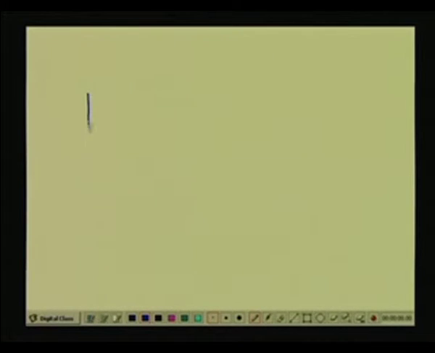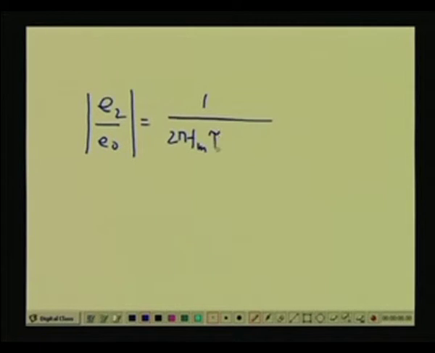The amplitude ratio will be E2 by E0 equal to 1 upon (2 pi Fm tau f) square plus 1, which will give you 0.95.